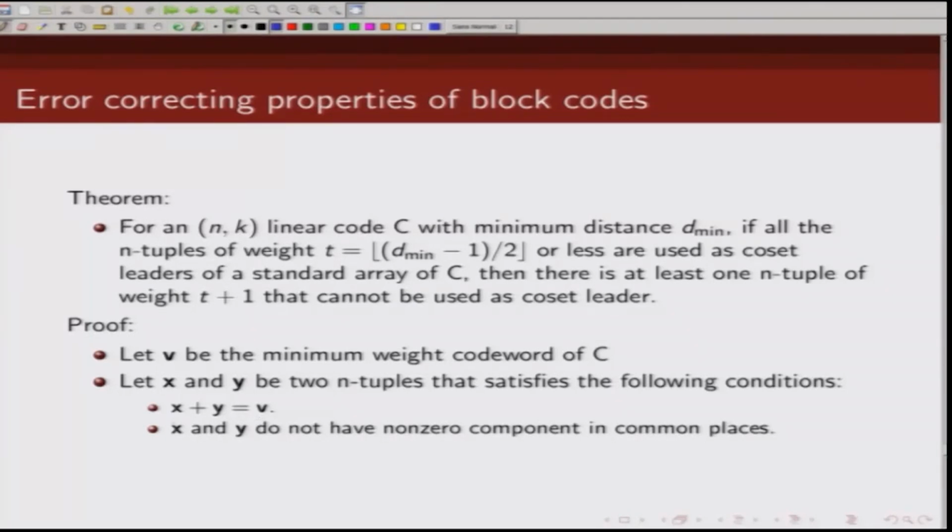Why? Because we know if two elements are in the same coset and we add them, the sum is a valid code word. So, if x plus y is equal to V, which is a valid code word, then x and y must be in the same coset.